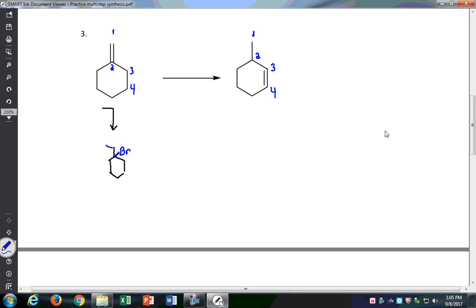And then, of course, we're also adding a hydrogen. Just as a side note, we are adding H and Br, and I'm just showing it there so you can be clear. Well, if we look at our starting material, we only have 2 hydrogens on this carbon, and now we have 3. So we had to have added 1. I'm just showing the one that we added. It came from our outside source.